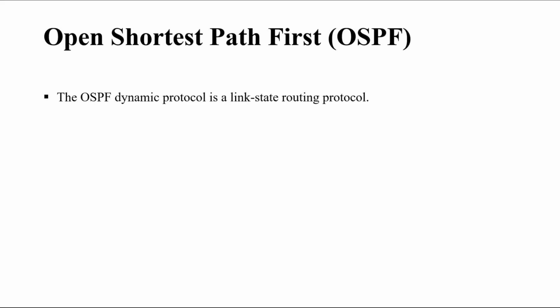OSPF and IS-IS, intermediate system to intermediate system, are link state dynamic routing protocols. If it is link state, all connected routers will have a common database.